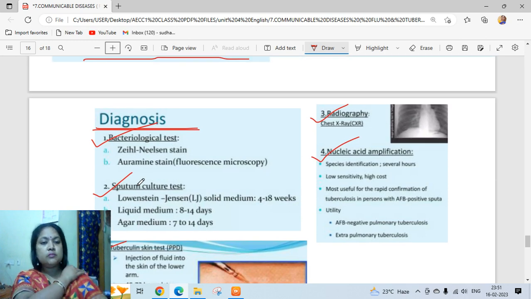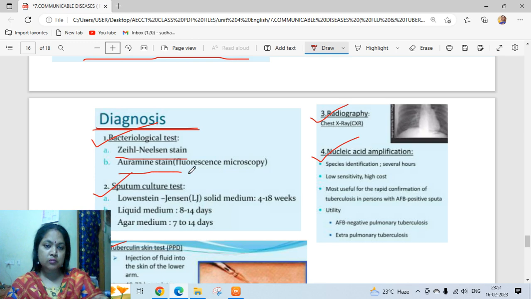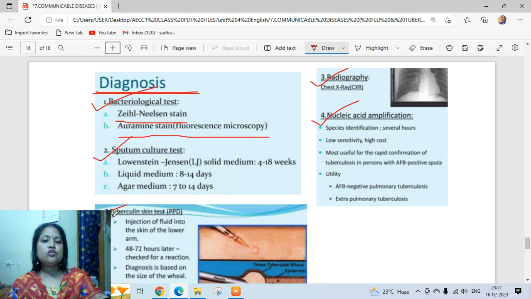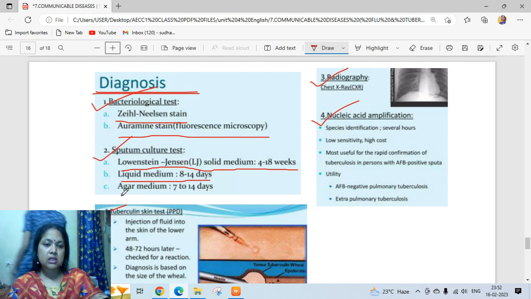So first one is bacteriological test, that is Ziehl-Neelsen stain and Auramine stain, that is fluorescence microscopy. Then second is sputum culture test, that is Lowenstein-Jensen solid medium 4 to 8 weeks, then liquid medium 8 to 14 days, agar medium 7 to 14 days.